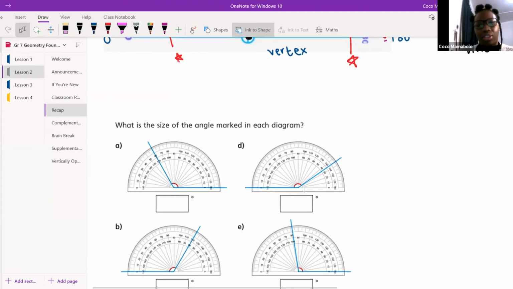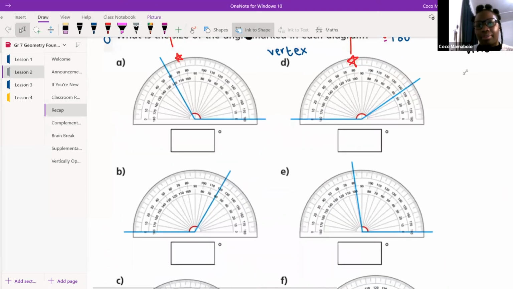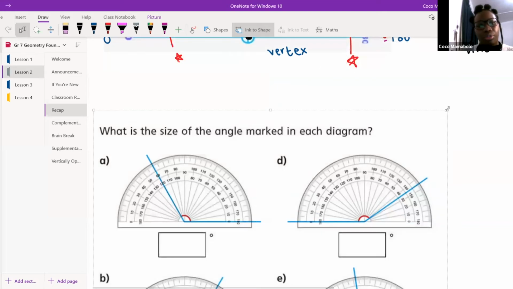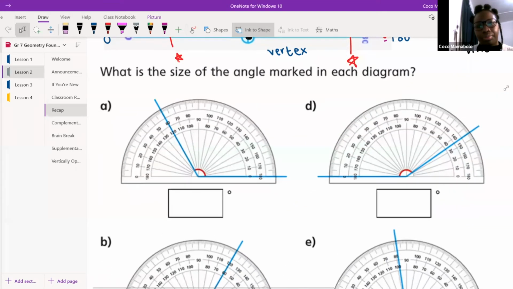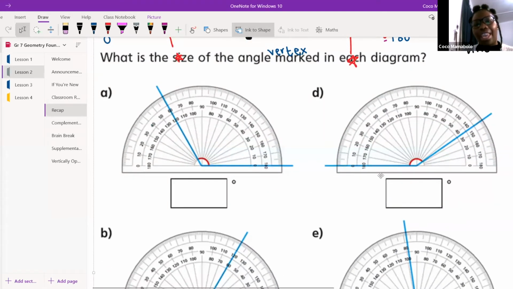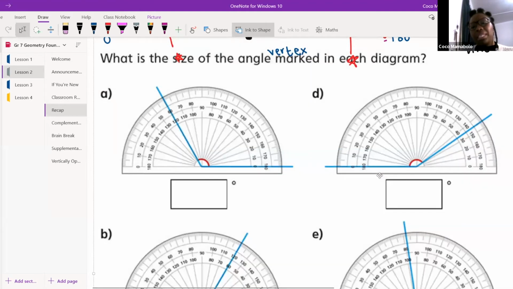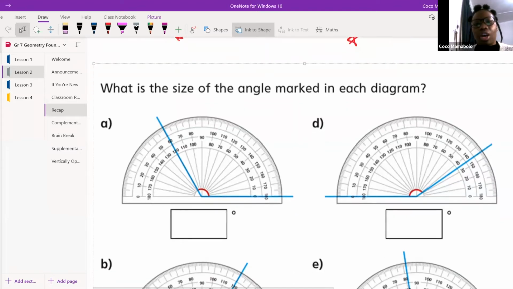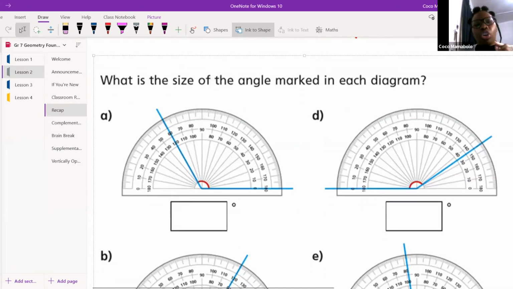All right, guys, let's try some of these. I want you to have a look at these, and I'm going to make this a little bit bigger. Here's what you're going to do. We're going to try A, B, D, and E, but for now, you're just going to look at A and B. You're going to look at the drawing on the screen and try to measure it.